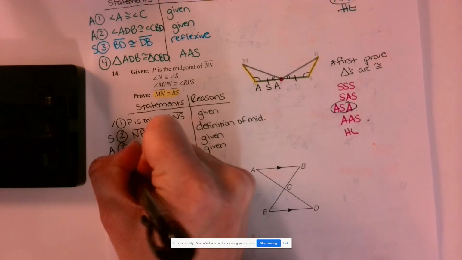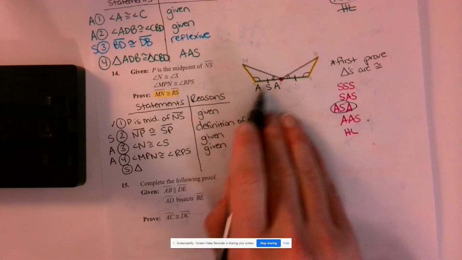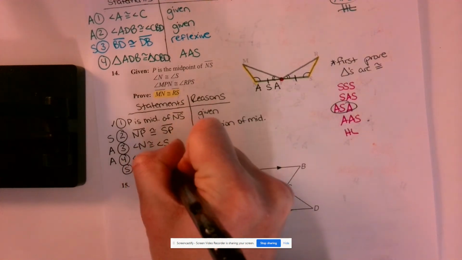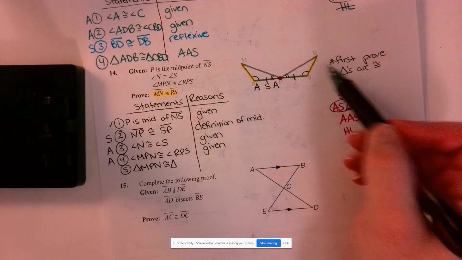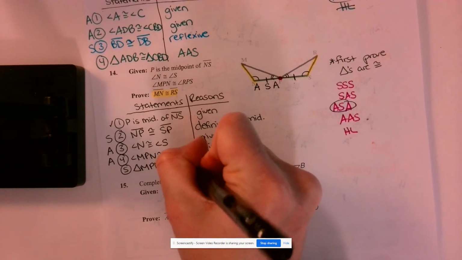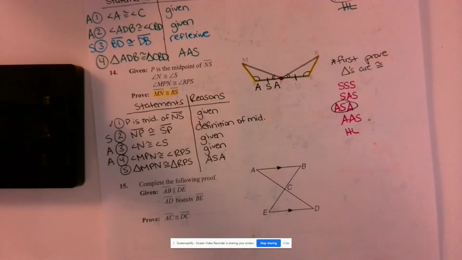We need to add that to our proof. Triangle, I'll call this triangle MPN. I know it is congruent to triangle RPS by the angle side angle theorem.